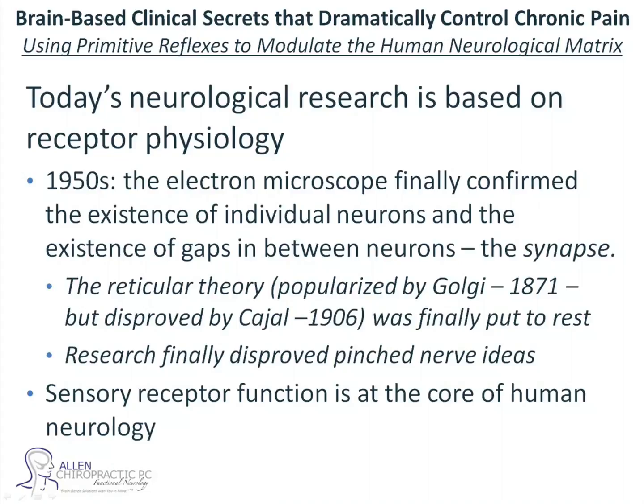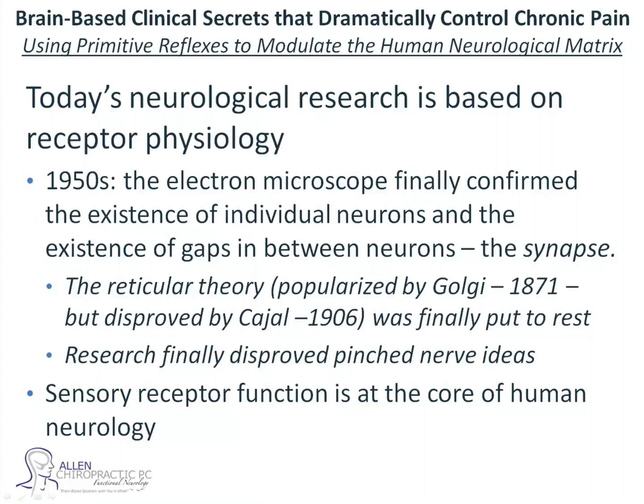Well, with the invention of the electron microscope in the 1950s, we now know that neurology is based on receptor potentiation, receptor physiology, and not the reticular theory that Golgi and Cajal wrestled with in the late 1800s and early 1900s. Both doctors won Nobel Prizes for their work, but the electron microscope finally put the whole idea of the reticular theory to rest, and that ultimately put to rest the idea of pinched nerves as well.